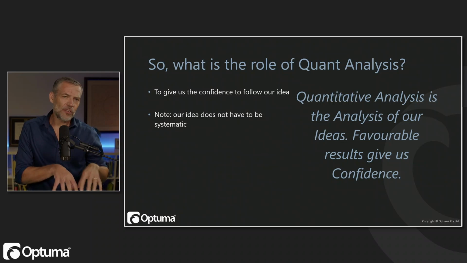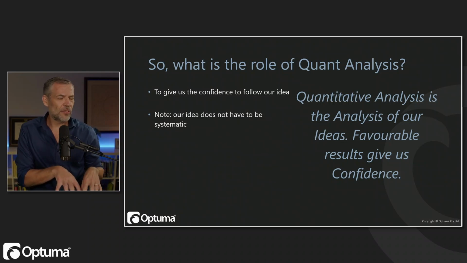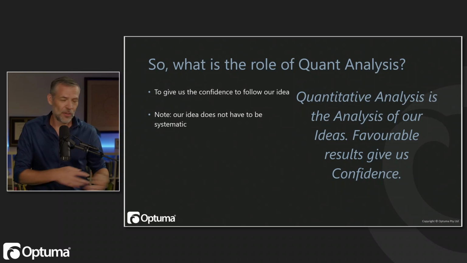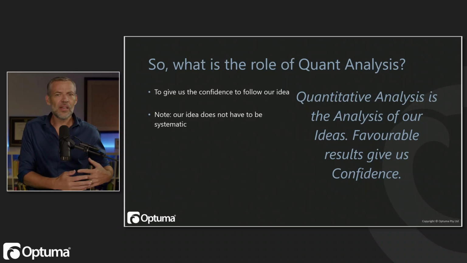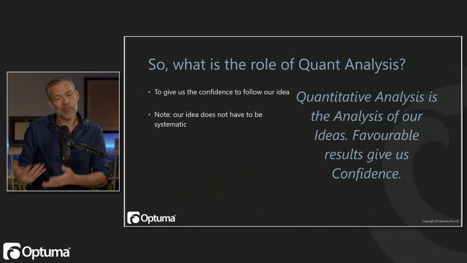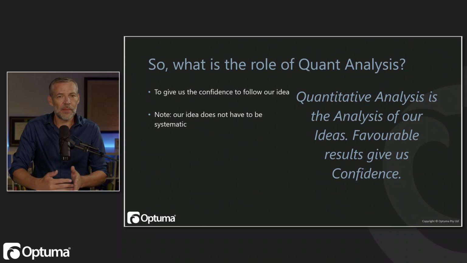Remember, it's not that our ideas are systematic or not. It's almost like we don't even care whether it's a discretionary idea or systematic. Now, systematic is easier to test because it's all part of that one process. But I could be using a very discretionary way of looking at a security as long as I'm noting down all of the signals I see and I'm being really disciplined and true, honest with myself about that.